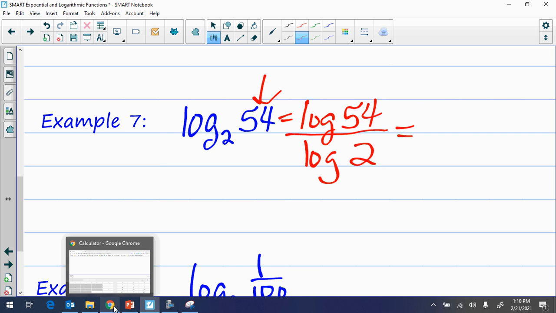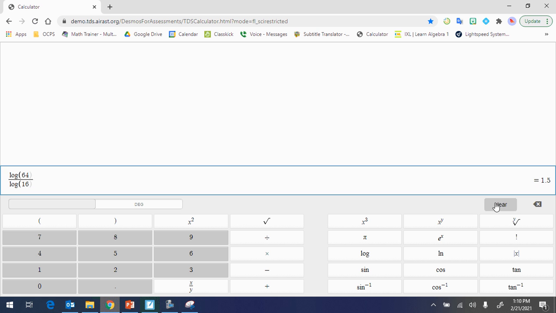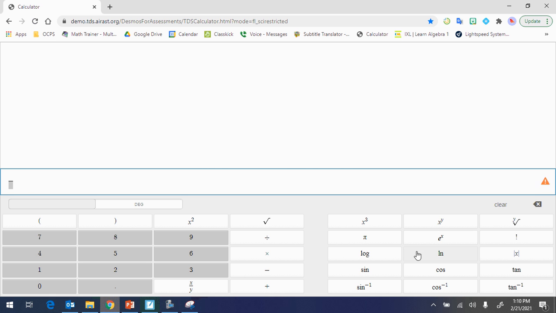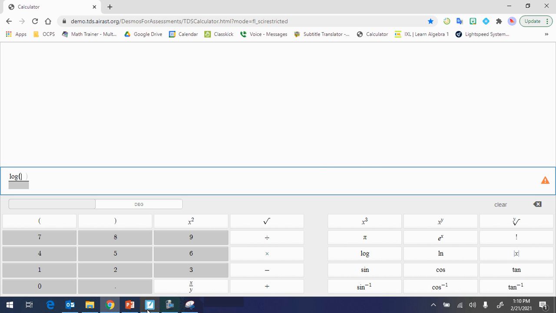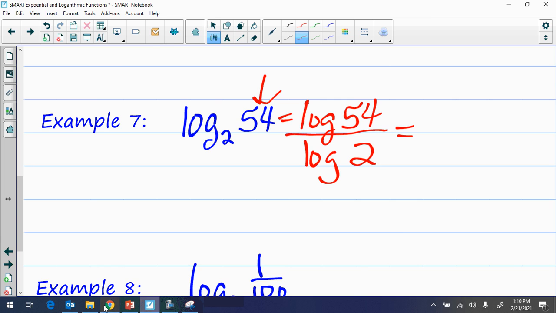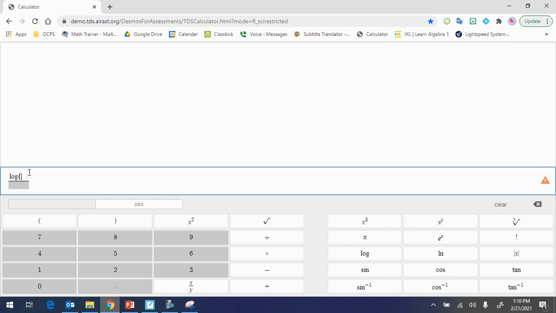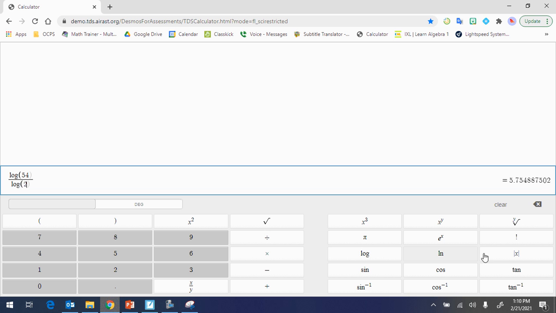So again, I'm going to make a fraction. I'm going to go log of, I forgot what it was, 54 over log of 2.